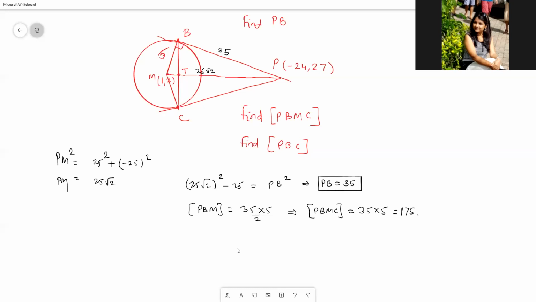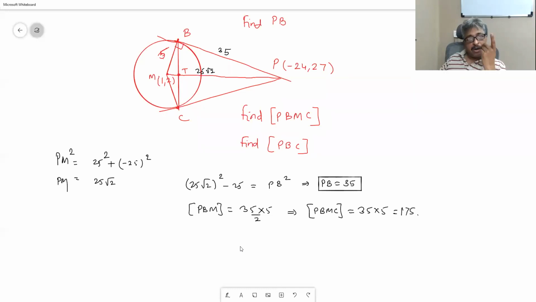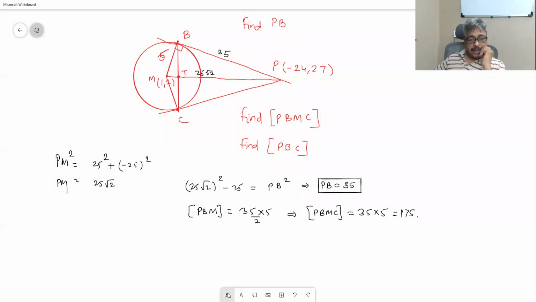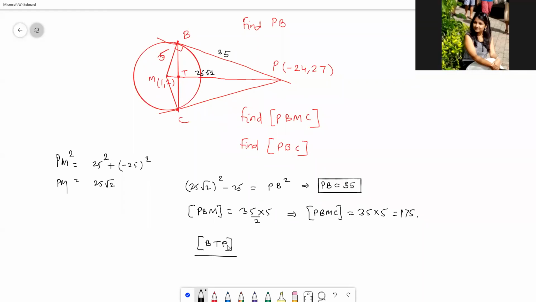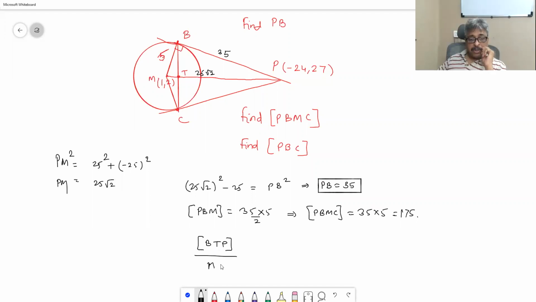Now, how do you find the area of, let us find the area of BTP. Area of BTP upon area of MBP is going to be equal to k square.